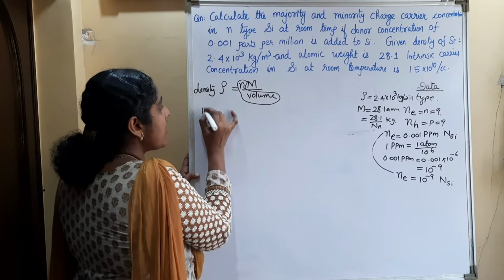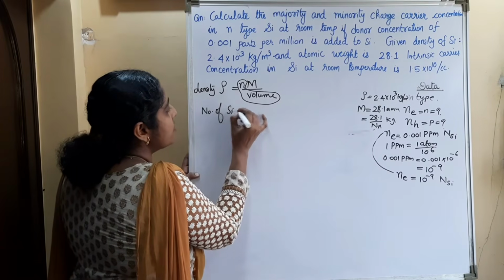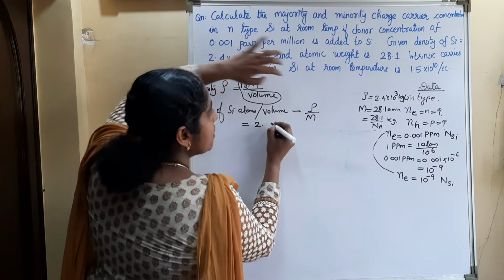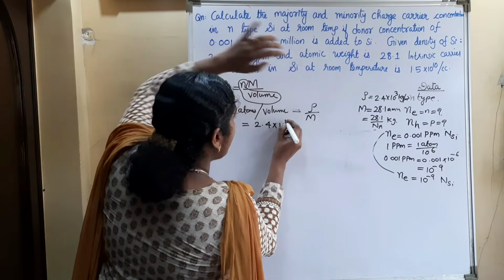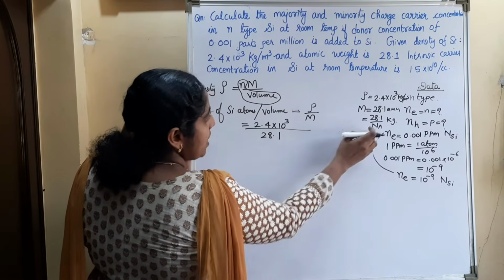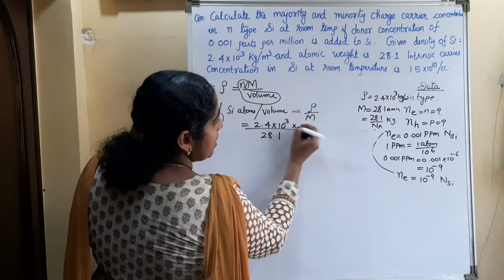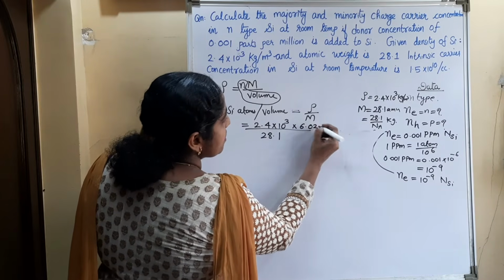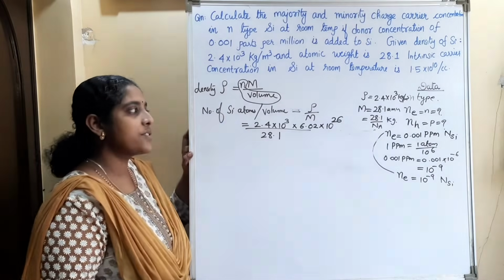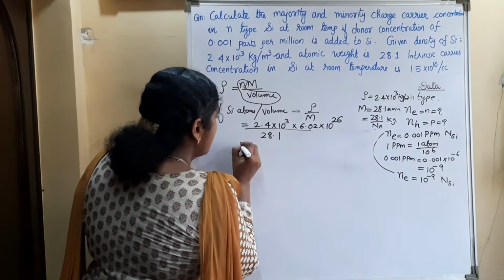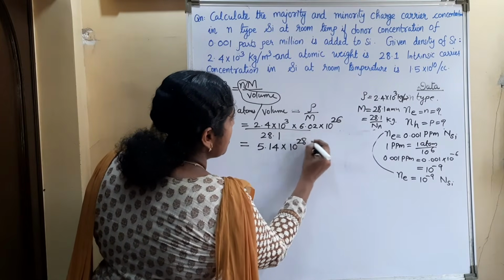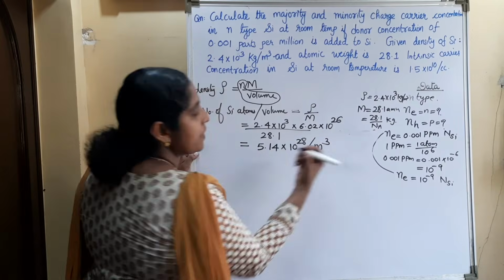So number of silicon atoms per volume is equal to density divided by mass. So density is 2.4 into 10 raised to 3 divided by mass, which is 28.1 by Avogadro number. So that will come in the numerator. Avogadro number is 6.02 into 10 raised to 23 if we consider gram. Now we are considering kilogram, that is 6.02 into 10 raised to 26. On calculating, it is 5.14 into 10 raised to 28 per meter cube.